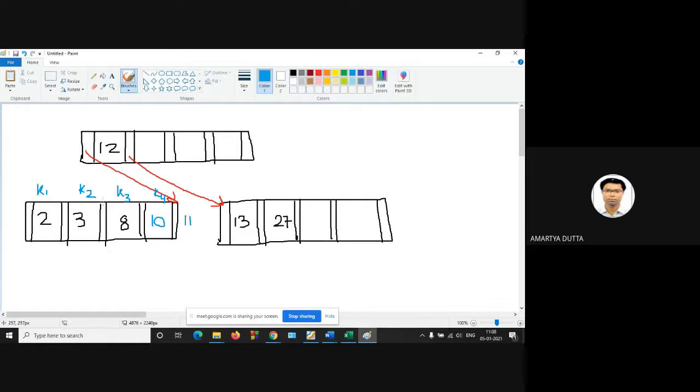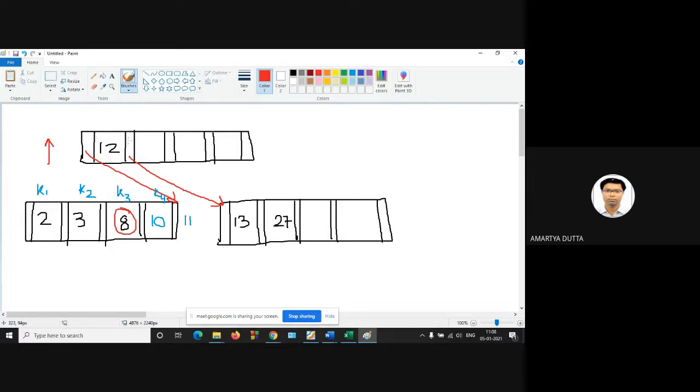Now, which one is the median? 8. Yes, 8 is the median. So 8 should be pushed up, in the upward direction.